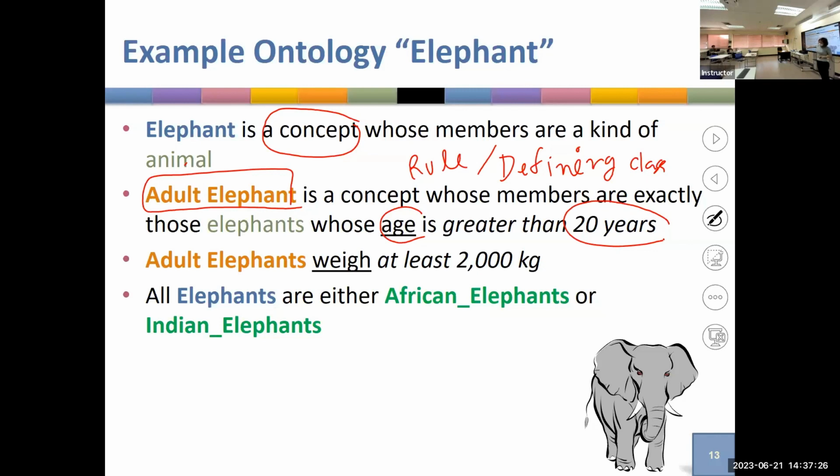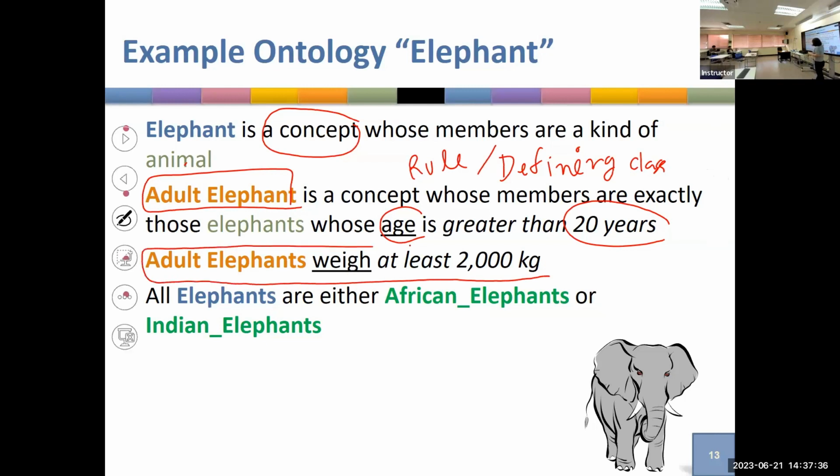In my example, I'm not an expert in elephants, but let's assume. And another thing, we will not consider it an adult elephant if it's too skinny, too small. So I have two definitions here: 20 years or over and weight at least 2,000 kilograms. Then these qualify a given elephant to be an adult elephant.